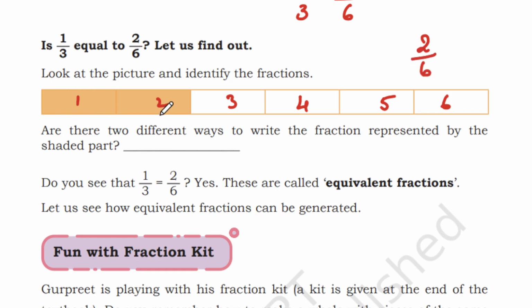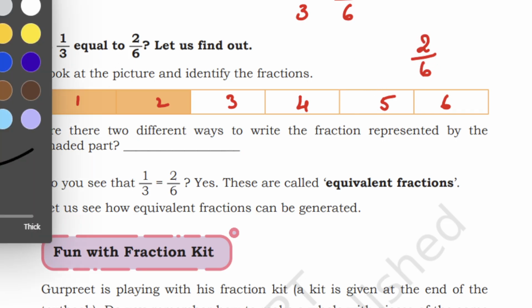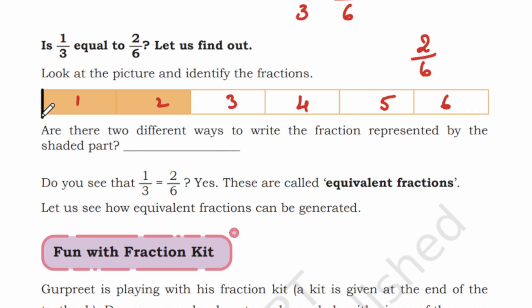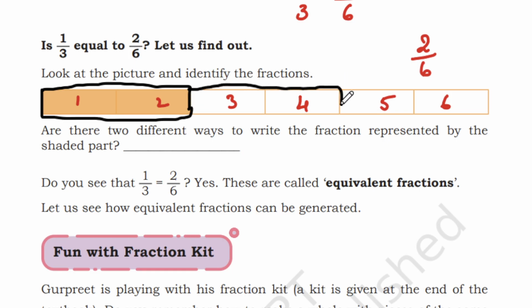Okay, are there two different ways to write the fraction represented by the shaded part? Yes, we can try. So we have now 2 by 6. We will take three portions of this. For example, this is the first part and this is the second part and this is the third part.